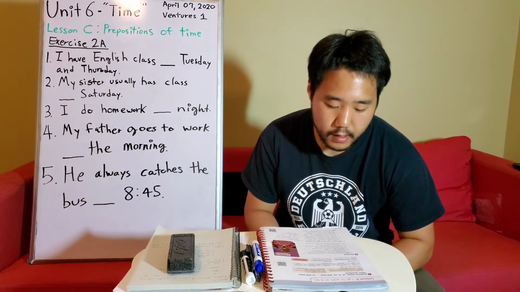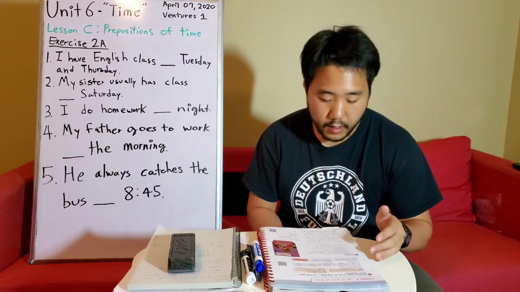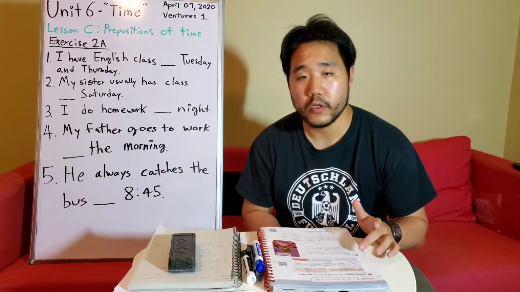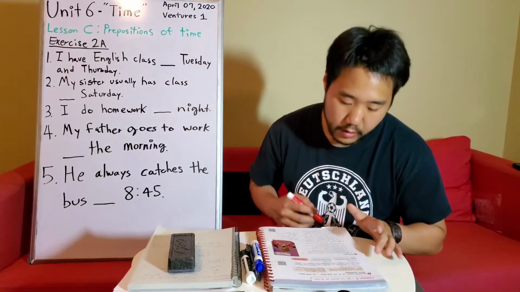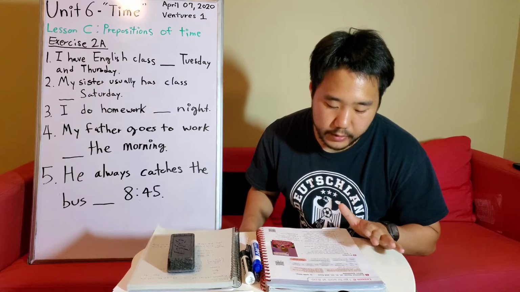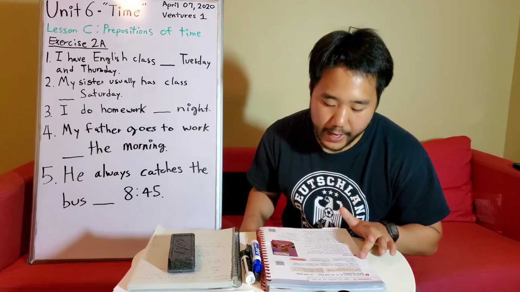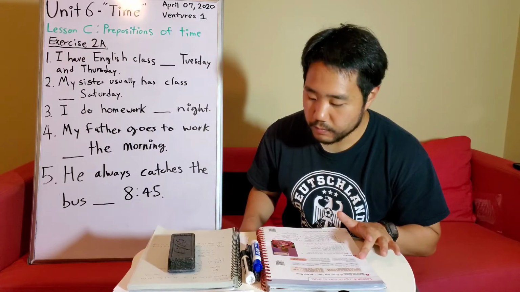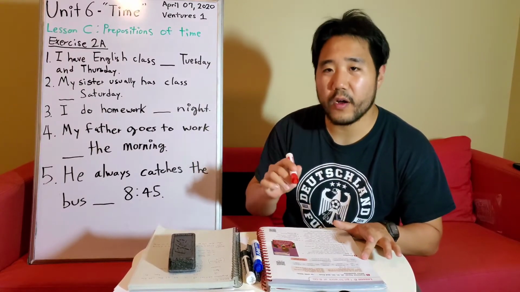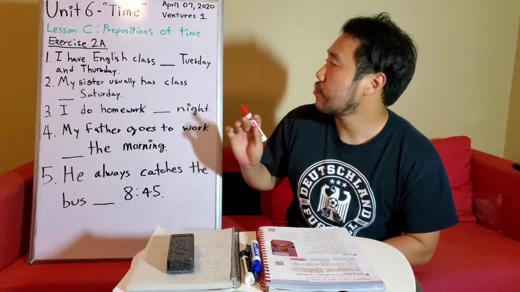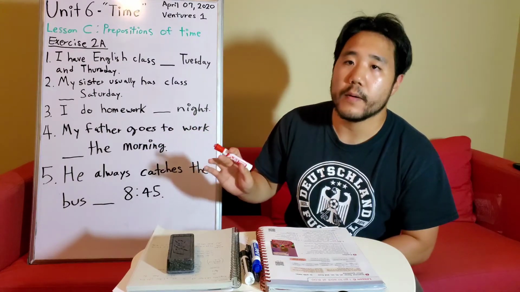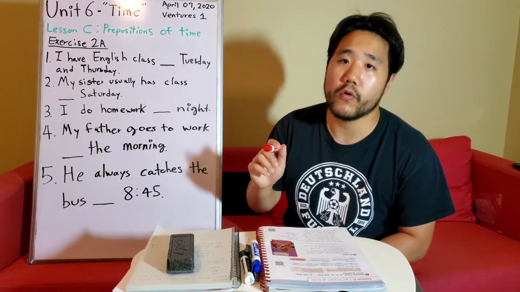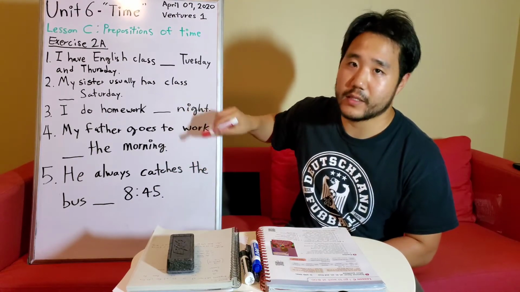Now, let's go over exercise 2A on page 74, unit 6. Here it says, complete the sentences, use at, in, on, or from, to. The from, to prepositions I did not mention in the beginning, but I will go over that as we do the exercises together.